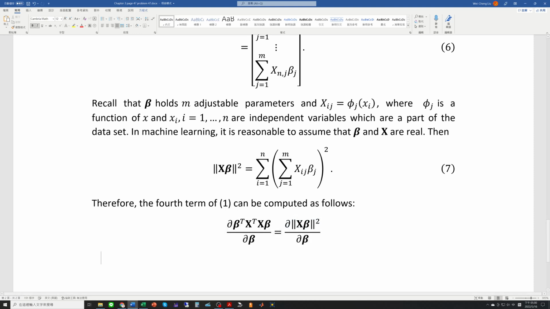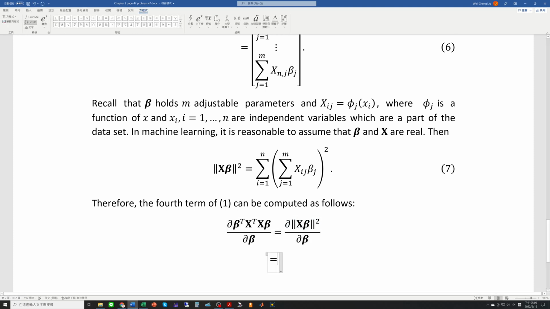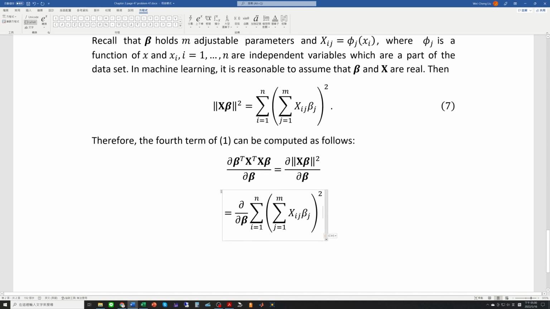Let us copy and paste, and this term is equal to this term. Delete this term and replace it by this term, and align at the equality.